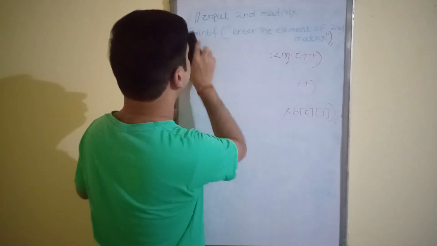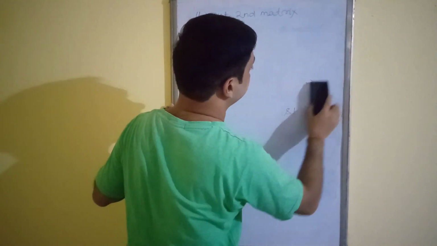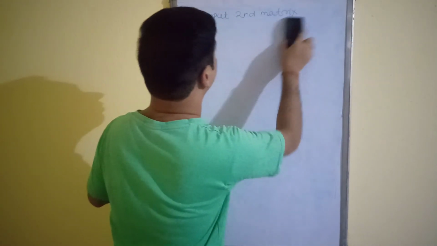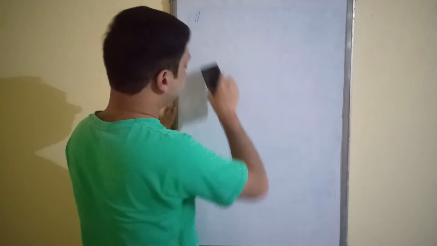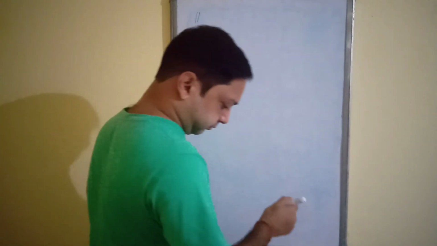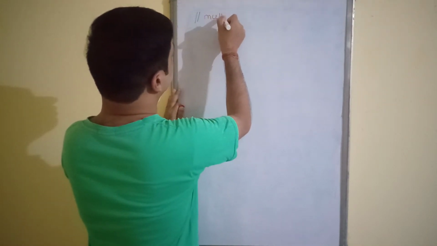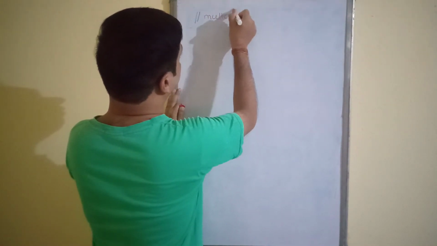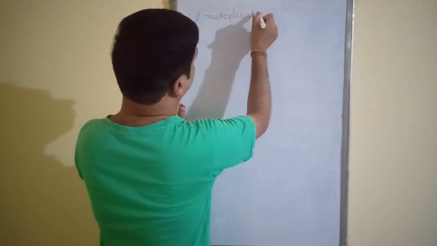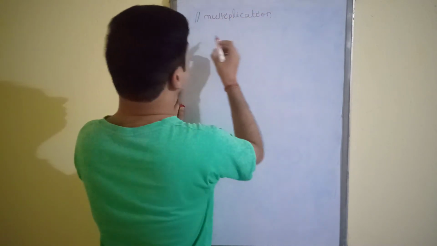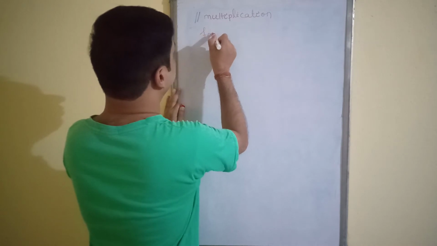The most important part is the matrix multiplication part. Now we will move to the multiplication part. For that we again take the help of two for loops.